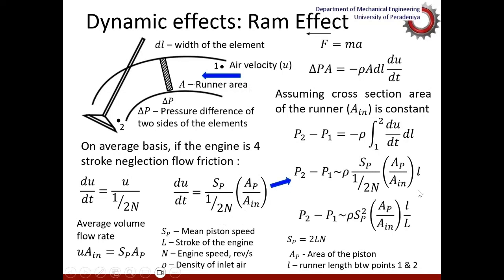So we can find a simplified relationship for the pressure difference, which is approximately rho SP squared AP over AN into small l over capital L, where capital L is the stroke of the engine and small l is the runner length between points 1 and 2. So you can obviously see the pressure difference is created due to the speed, and it is a function of density and the square of the speed.